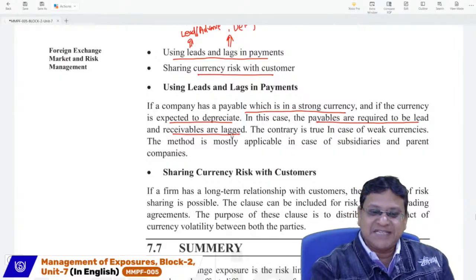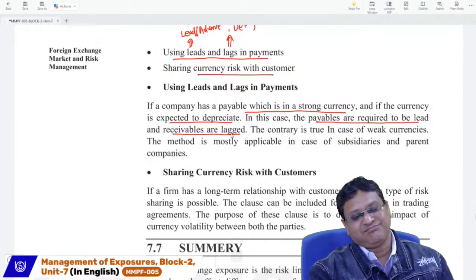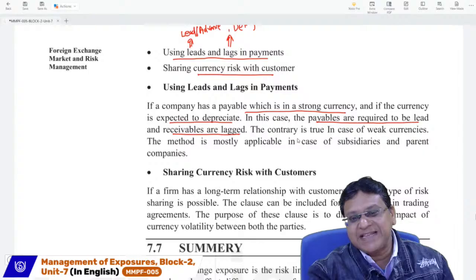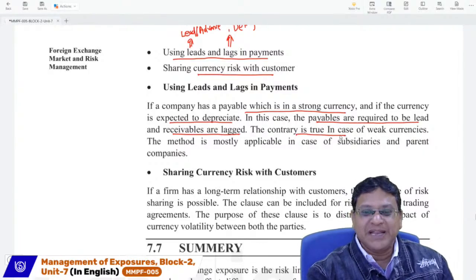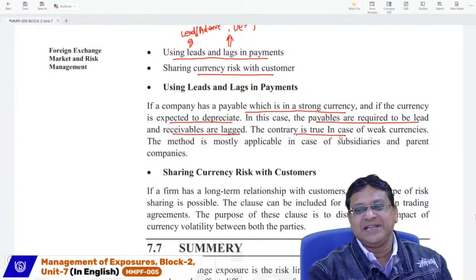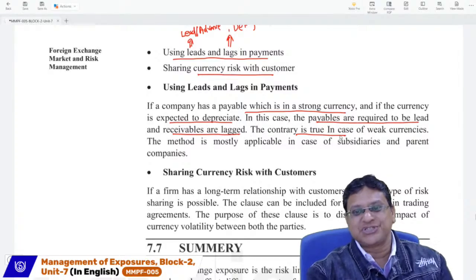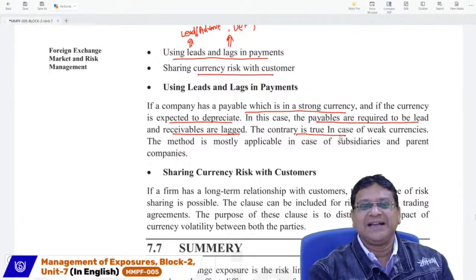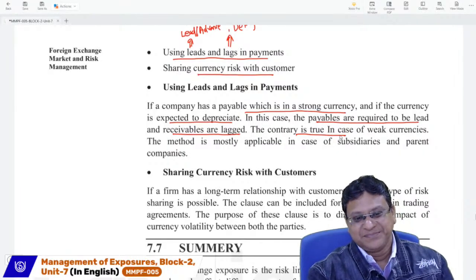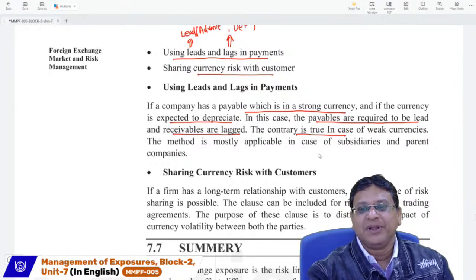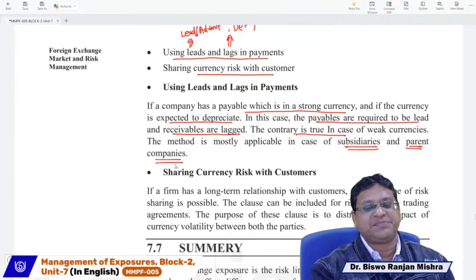And if you have the receivable, you should lag it. And the contrary is true. Contrary means if you deal in a weak currency, your payables must be lagged and your receivables must be lead. This is most applicable in case of subsidiary and parent company relationship.